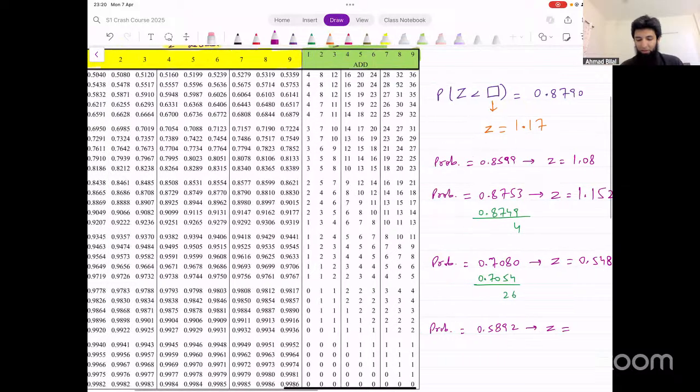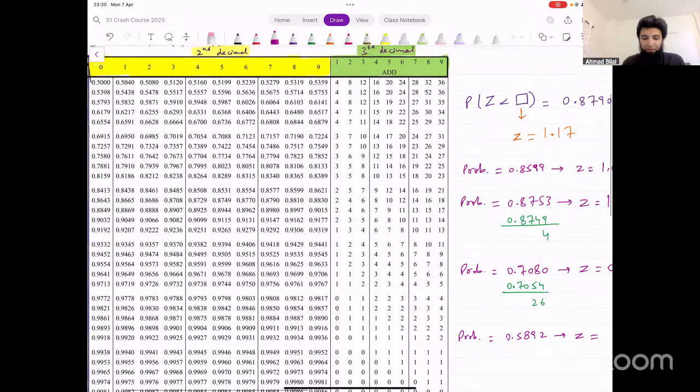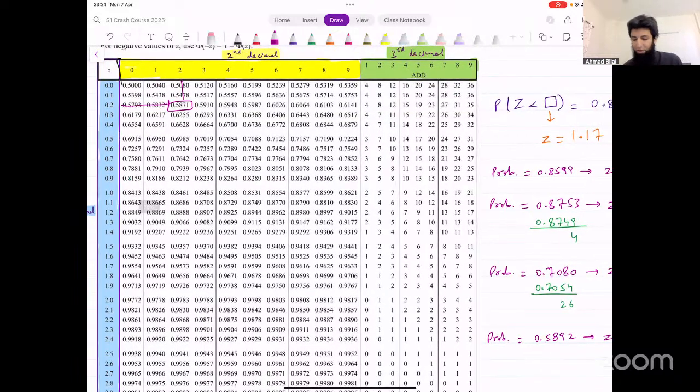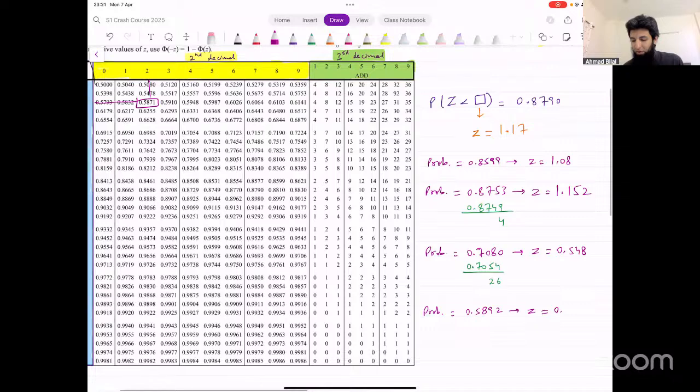Again, let's try and find that number there. 5892. It's going to be between these two numbers, right? 5871 and 5910. What we do is we take the smaller of the two numbers. What's the smaller number? 5871. That's what we take from here. What's the Z value corresponding to that? 0.2 and 2. Okay, so we can write 0.22 here.